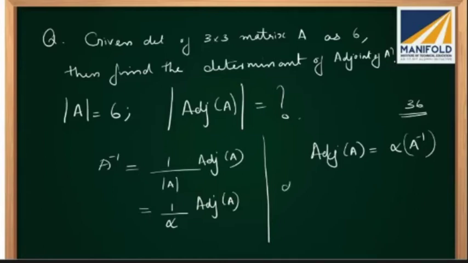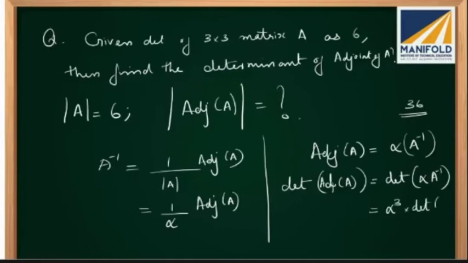Now A inverse is a 3 by 3 matrix. If I take the determinant on both sides, the determinant of adjoint of A will be equal to the determinant of alpha times A inverse. We have learned the property that if a number is multiplied by a matrix, the result is alpha raised to n, where n is the order of the matrix. The order here is 3 by 3, so alpha cubed into the determinant of A inverse.